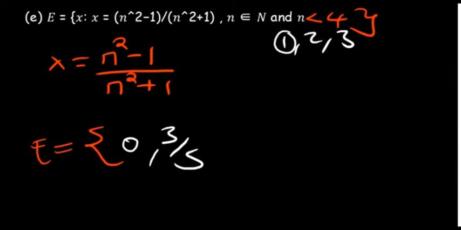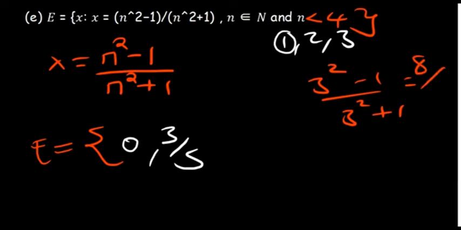We can plug in the third one. 3 squared minus 1 over 3 squared plus 1. 3 squared is 9. Subtract 1, it's 8. 3 squared is 9 plus 1, 10. 8 over 10, which is 4 over 5.